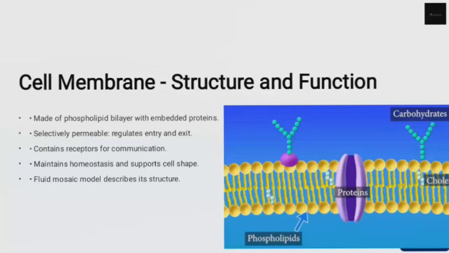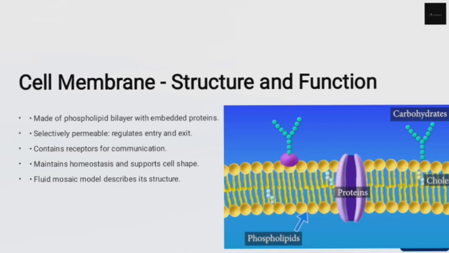Now, why is it called a mosaic? I don't know if most of us in primary school did this thing, mosaic. They tell you to create a design. You bring broken tiles and everything. When you create that, you are mixing things with different patterns, different colors. So looking at this cell membrane, you will see purple, you will see yellow.